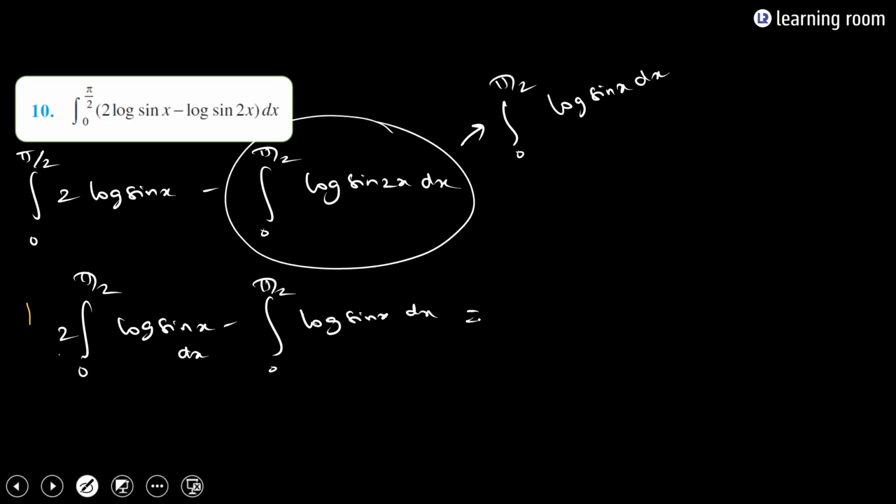So this will be equal to integral of 0 to pi by 2 of 2 log sine x minus log sine x. And when you integrate according to the example, you should not do it directly like this, okay? You have to show them separately. So when you do this, you will get minus pi by 2 log 2. Understood? But when this question comes in the exam, you need to do it in an elaborate way.